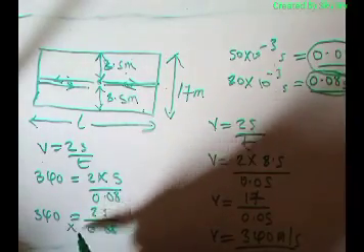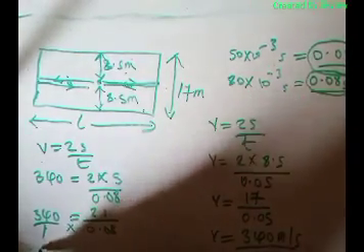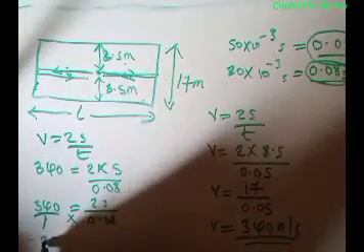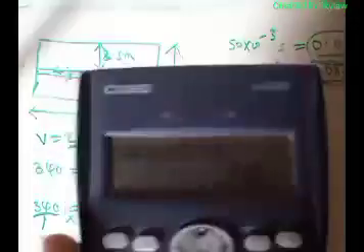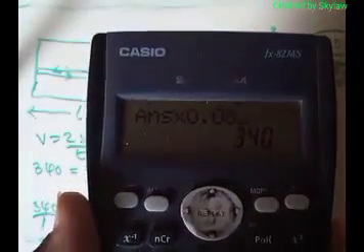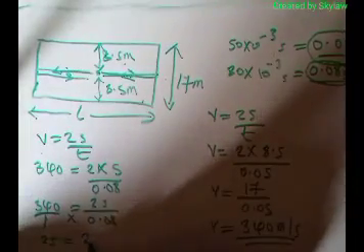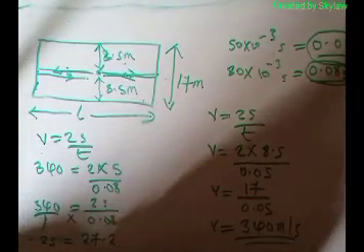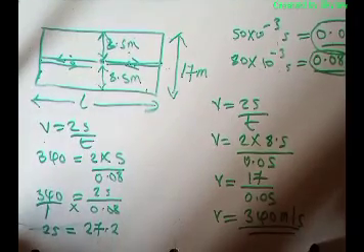You cross multiply: 2s is equal to 340 multiplied by 0.08. So 340 multiplied by 0.08 gives 27.2. We want to find s, so we have 2s is equal to 27.2.